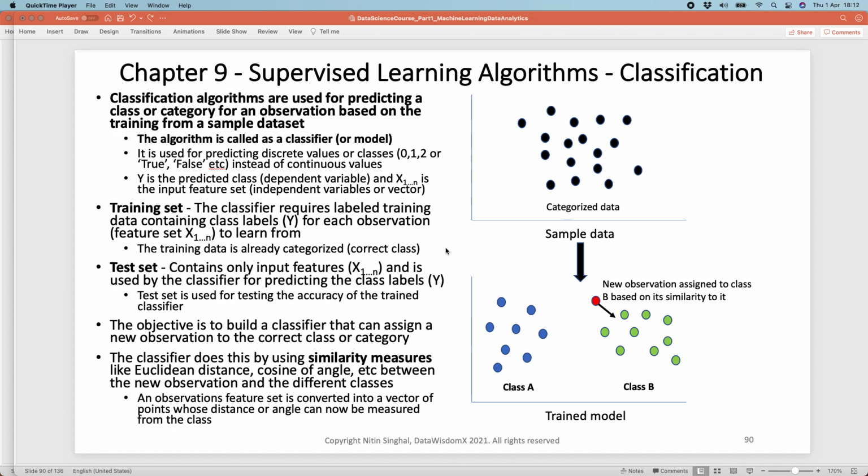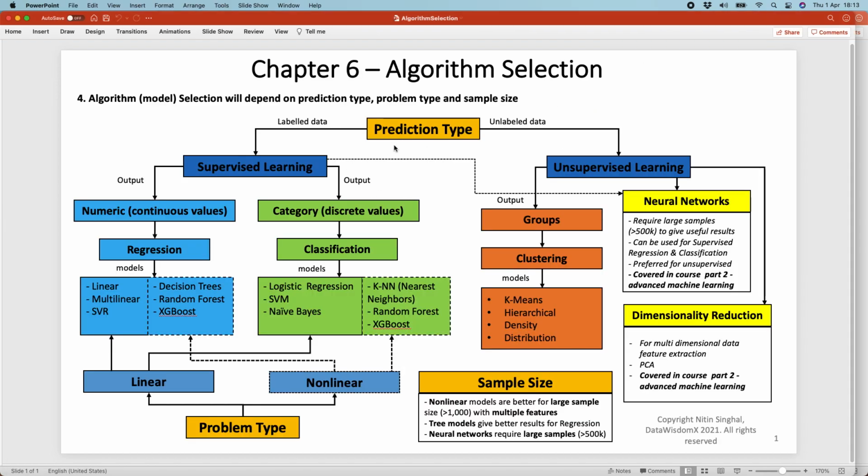So we discussed selecting the right algorithm for your problem and data as part of the data science process lecture. So let's have a quick look at that again. If you remember, it's based on the predictions that you have to make, whether they are numeric, continuous, or categorical or discrete values, and whether they are labeled or unlabeled.